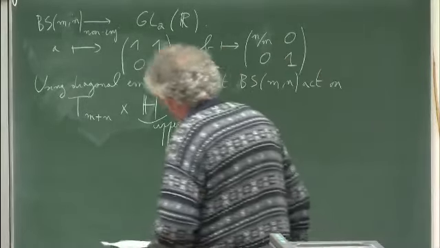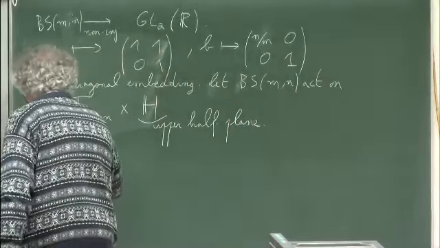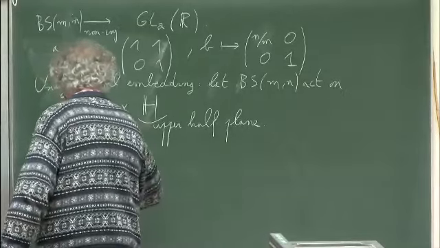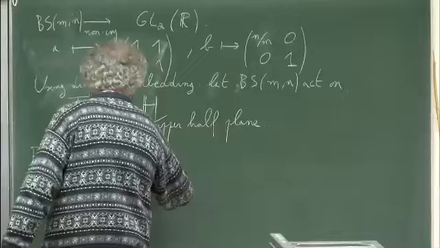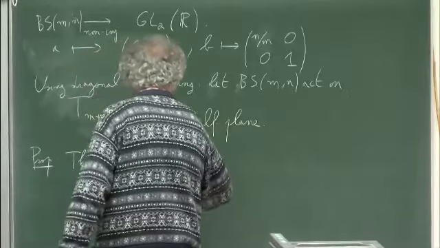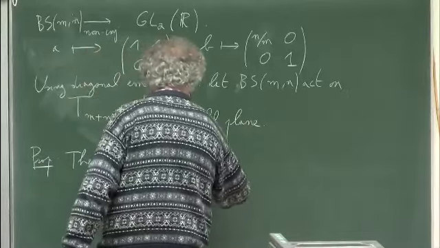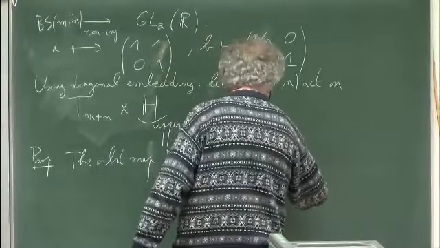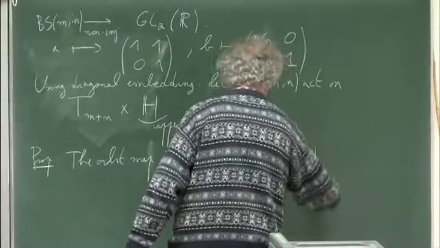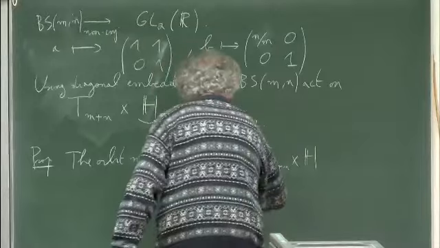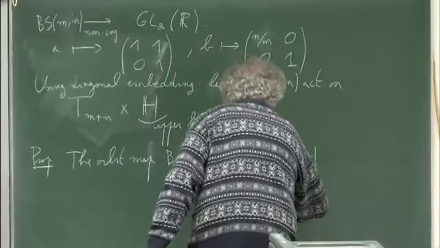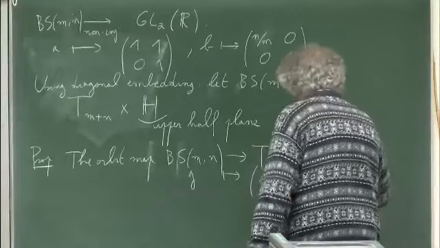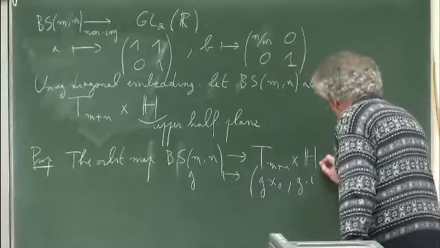The crucial part of the proof, which I'm not going to explain, is the fact that the orbit map from BS(m,n) to T_{m+n} cross H takes a group element g and maps it to (g x0, g applied to i), where x0 is some base vertex and i is the complex number i.